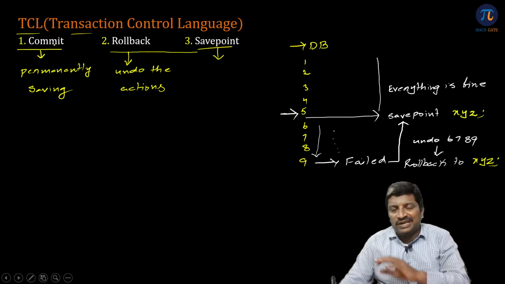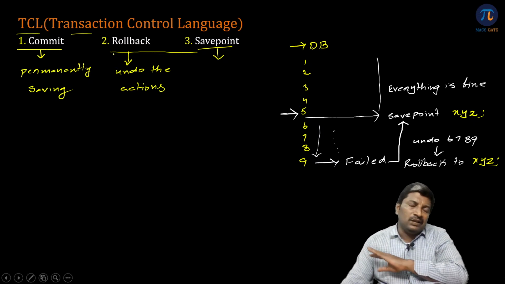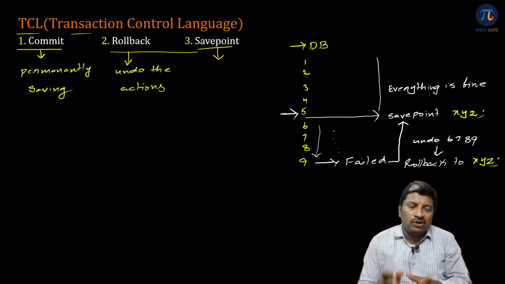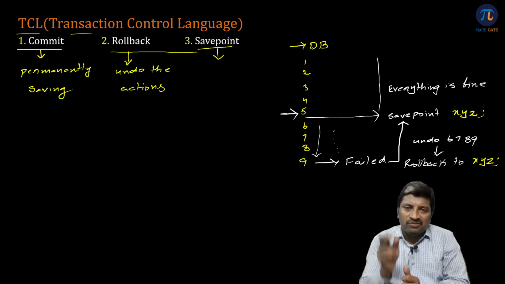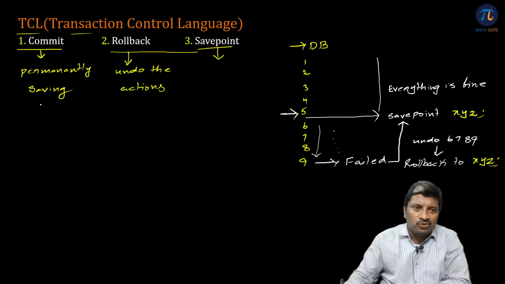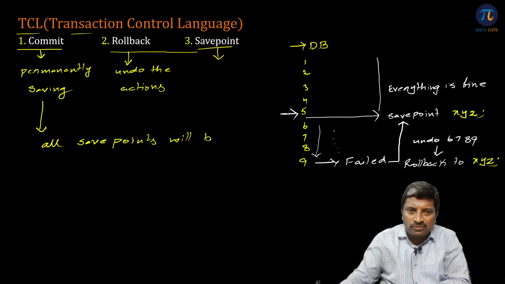So commit means the data will be saved permanently to the database. Once you have done the commit, all the save points will vanish. That means whenever you press commit, you cannot undo it. Something like in an MS Word document, I can use Ctrl Z, but whenever I click on save, I cannot undo. So once you do commit, all save points will vanish, so I cannot roll back.